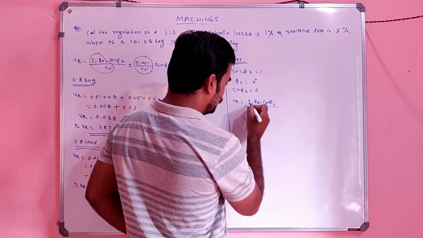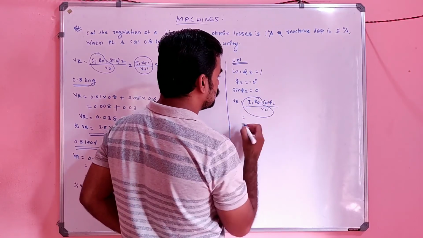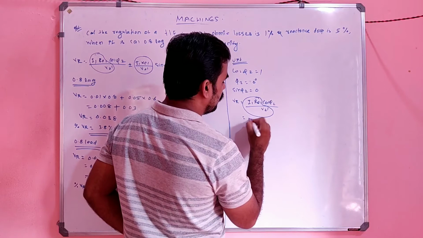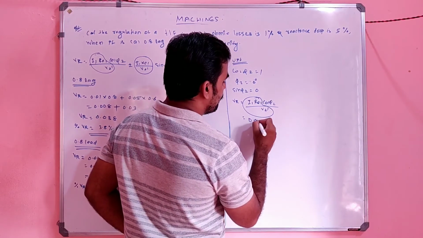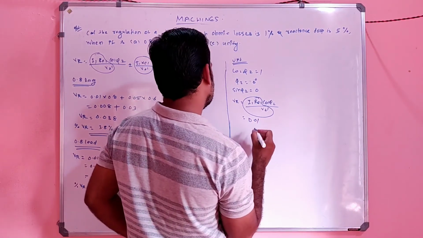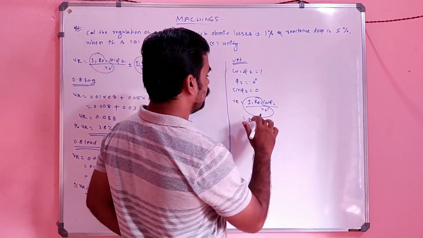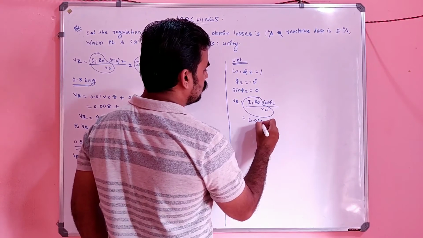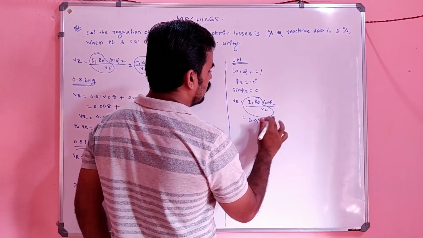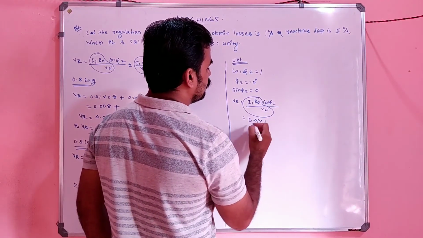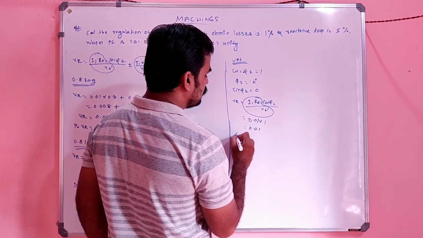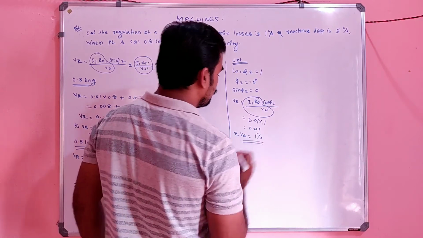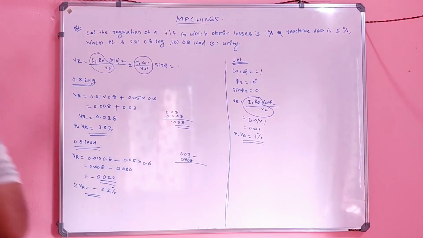The given parameter is 1%, that is 0.01. 0.01 into cos phi, which is 1, and sin phi is 0. So the answer will be 0.01. Percentage voltage regulation will be 1%.